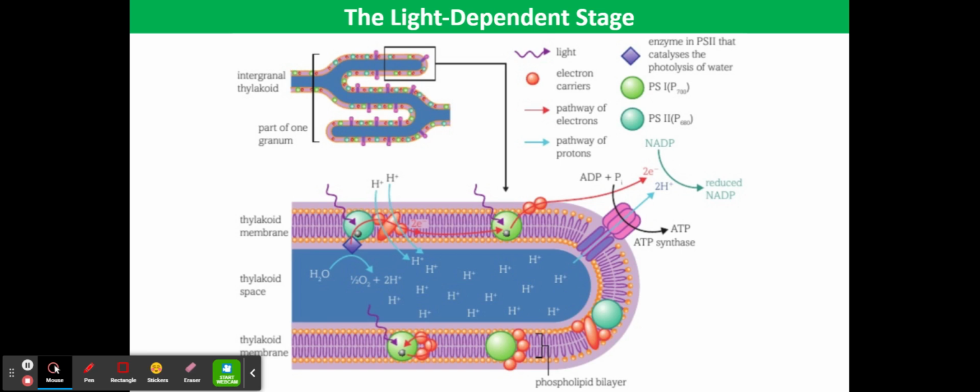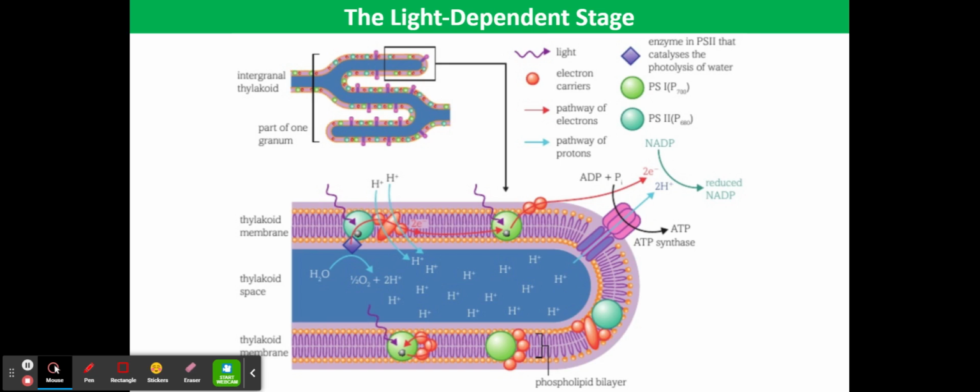The energized electrons escape from the chlorophyll molecule and are captured by an electron carrier, which is a protein with iron at its centre and is embedded in the thylakoid membrane. These electrons are replaced by electrons derived from photolysis.